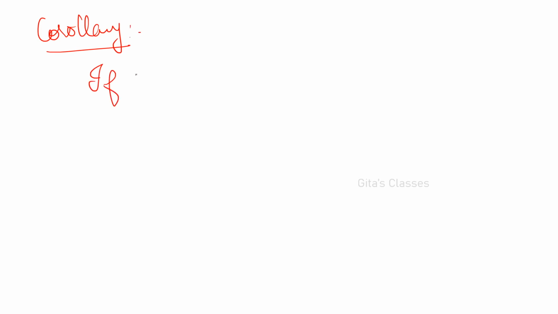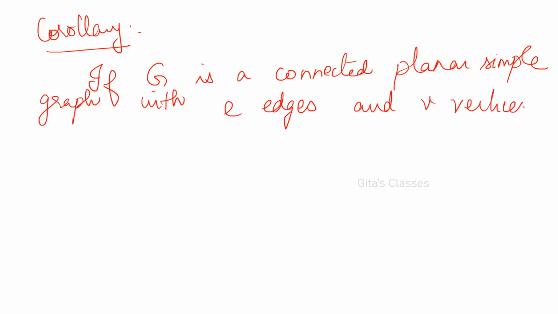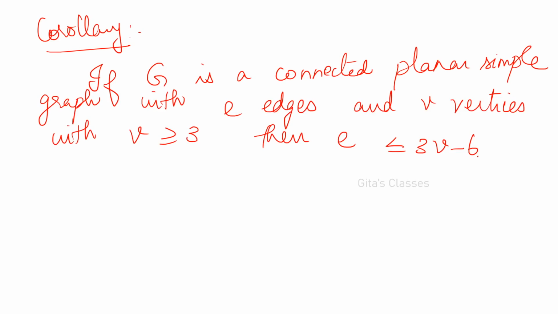The corollary goes like this: if G is a connected planar simple graph with E edges and V vertices, with V greater than or equal to 3, then E is less than or equal to 3V minus 6. This is a corollary to our Euler's formula.